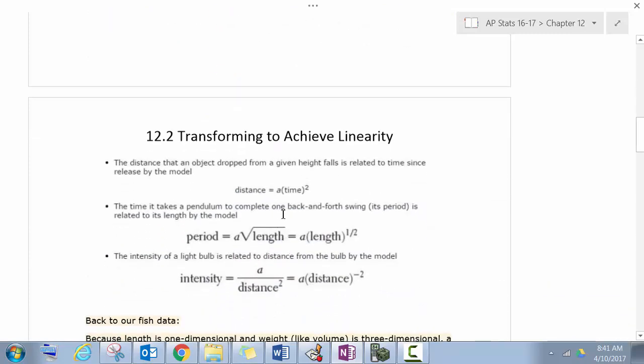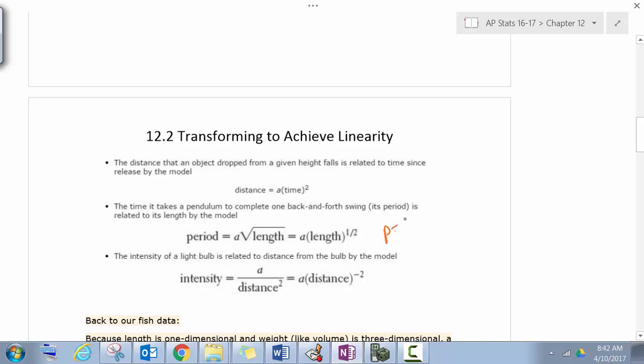Other relationships that we could see: the distance an object is dropped from a given height is also quadratic. Distance equals some constant times time squared. As it gets faster, it gets exponentially farther away. The time it takes a pendulum to complete one back and forth swing, its period, is related to its length by the model: period equals a constant times the square root of the length, or the length to the 1/2 power.